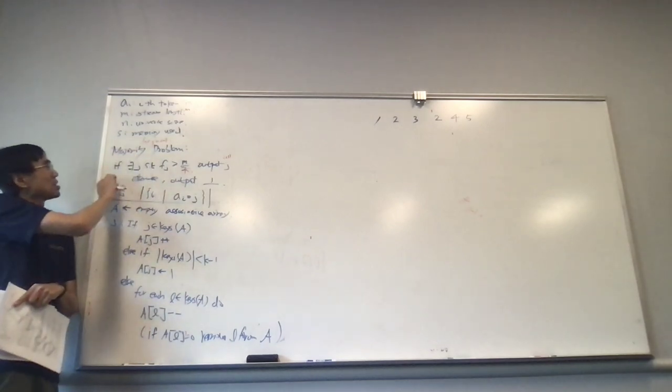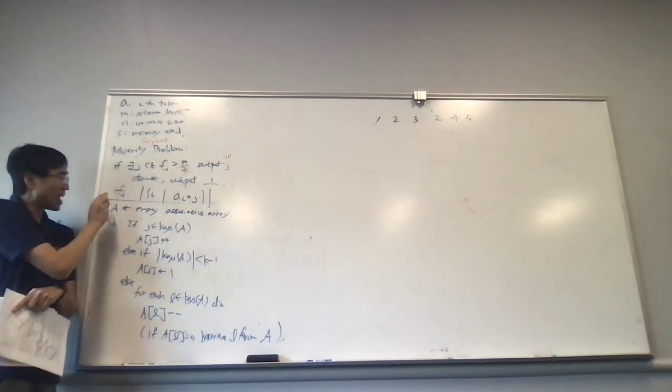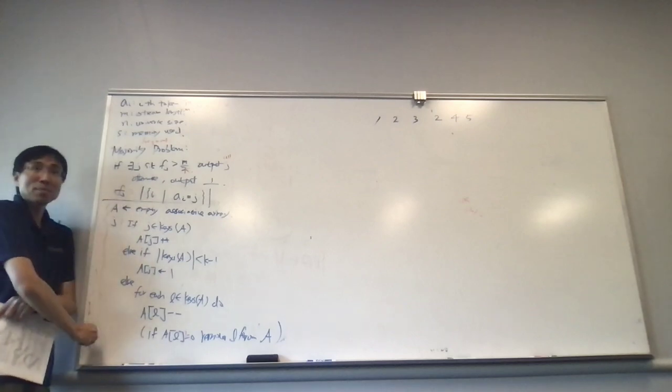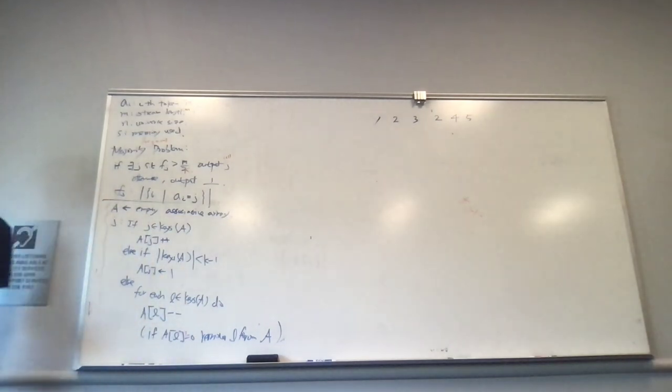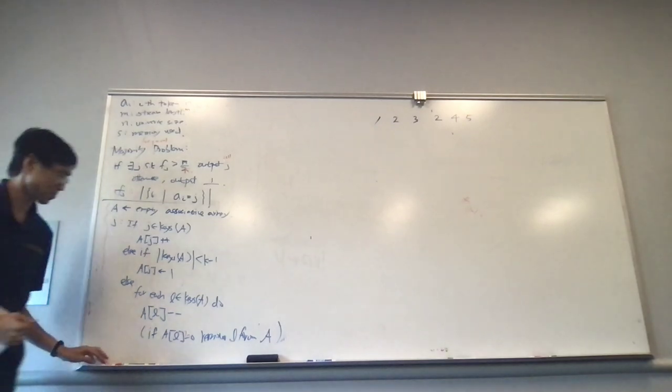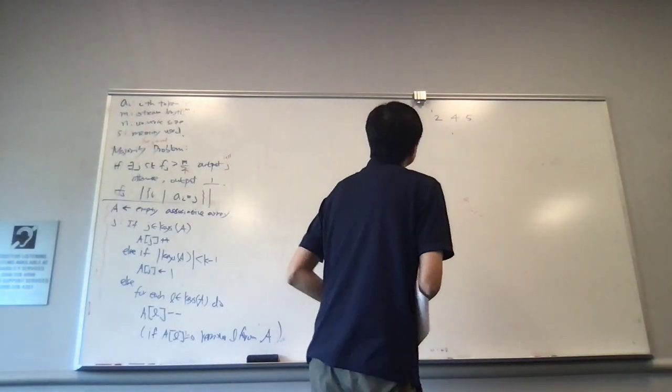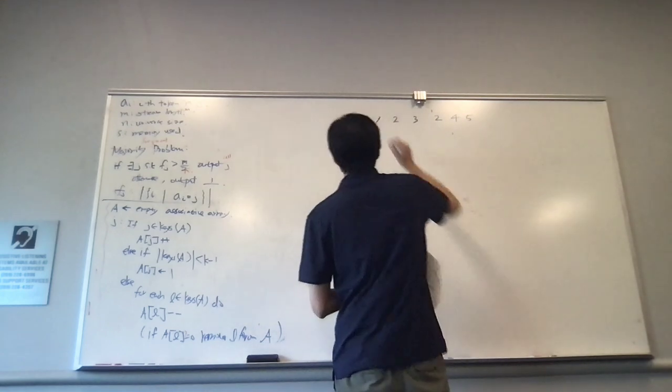Let's try to solve this frequent problem. This is the algorithm for the frequent problem, and I'm going to illustrate why this algorithm does something interesting. Let's say that k equals 3.